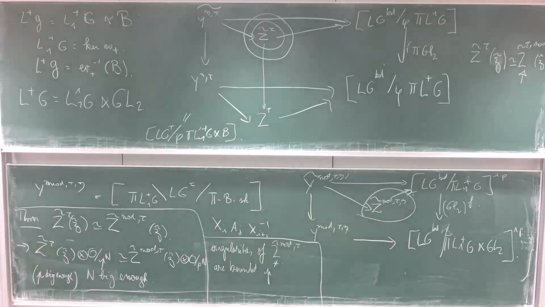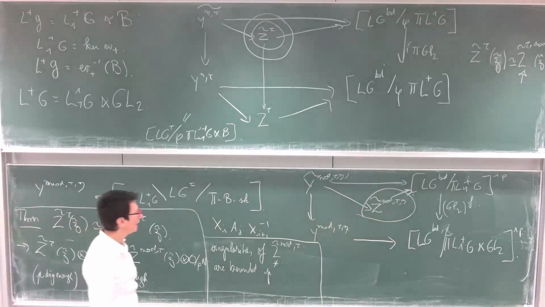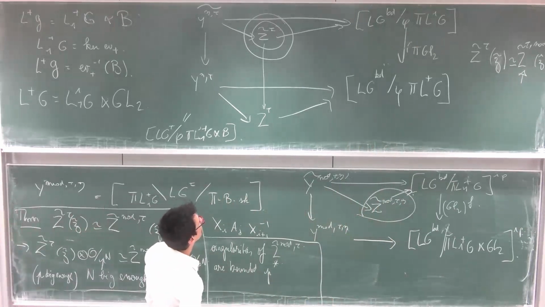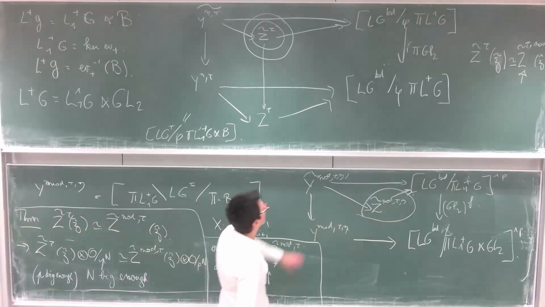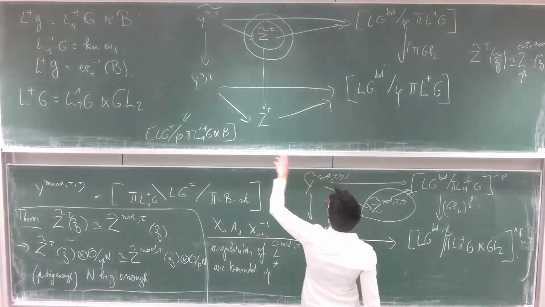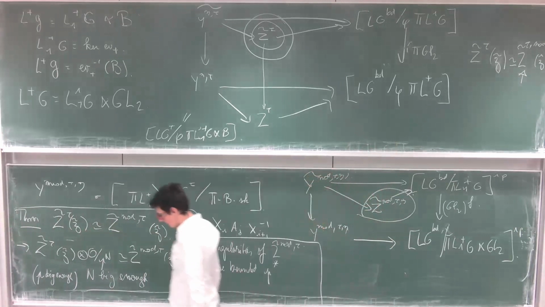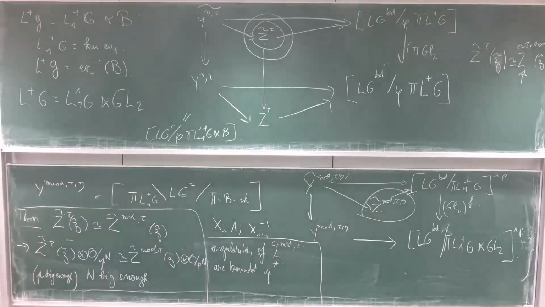What are the geometric points of the quotient LG modulo the action of L+1 G by sigma conjugation? What does it mean? I don't understand the question.